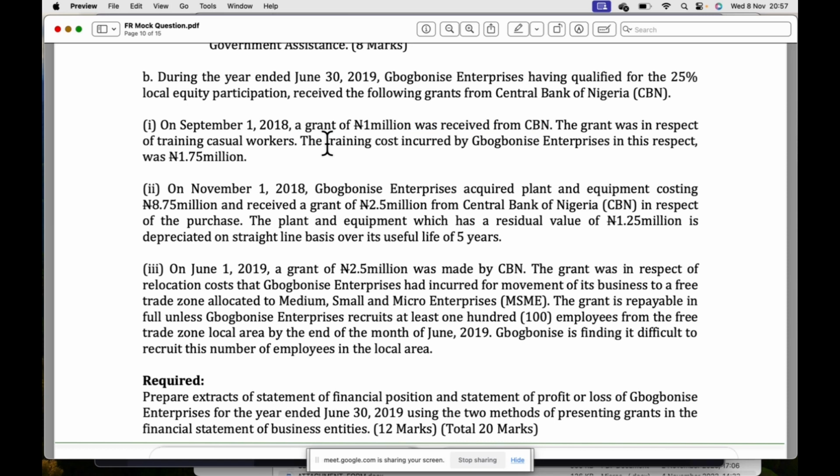And there are two methods of presenting grant related to income. I need one person to talk.